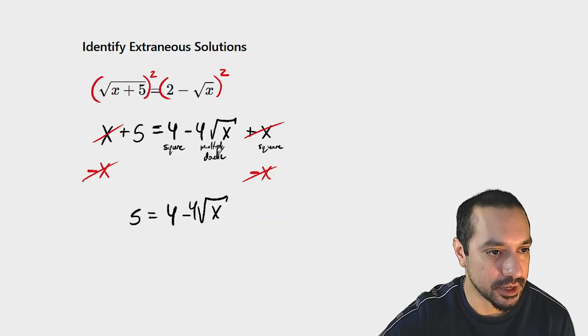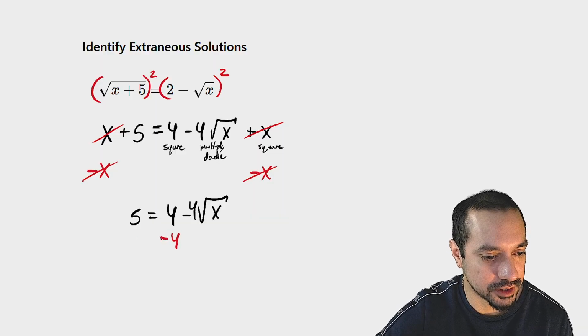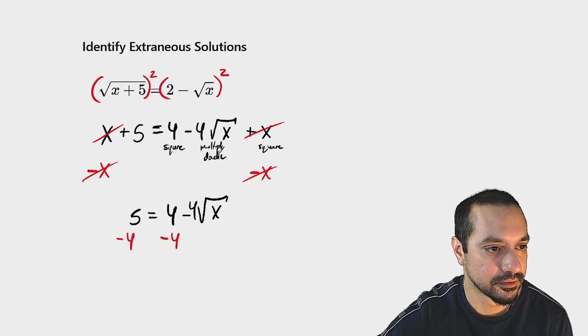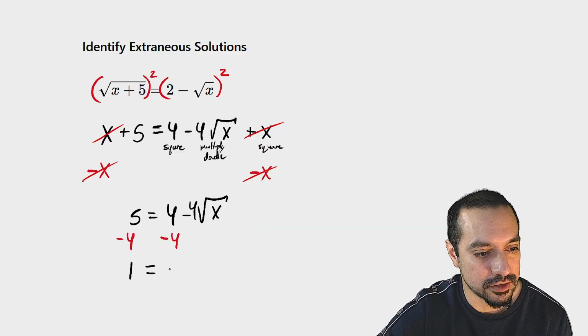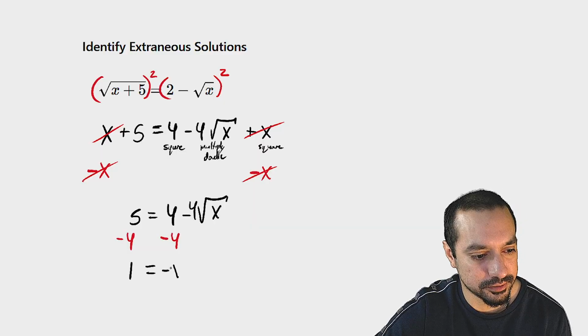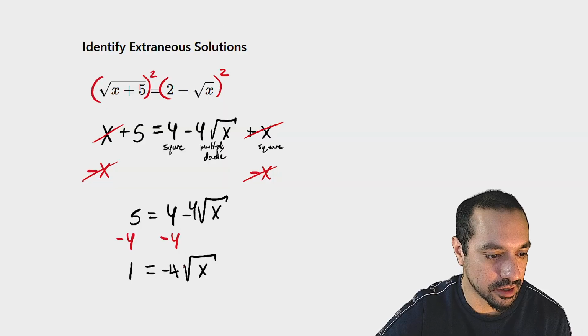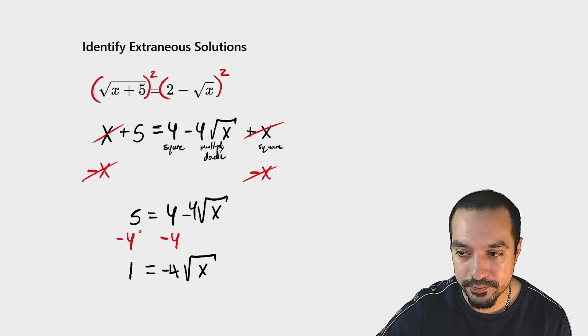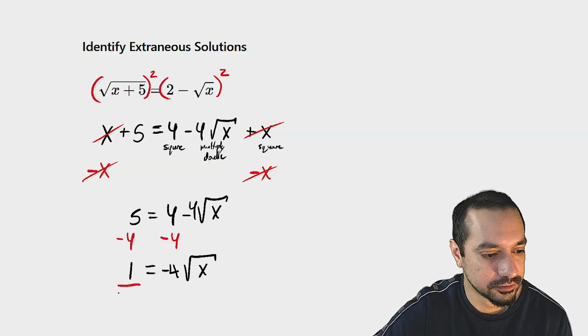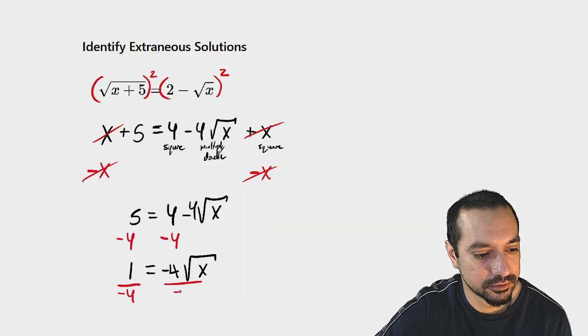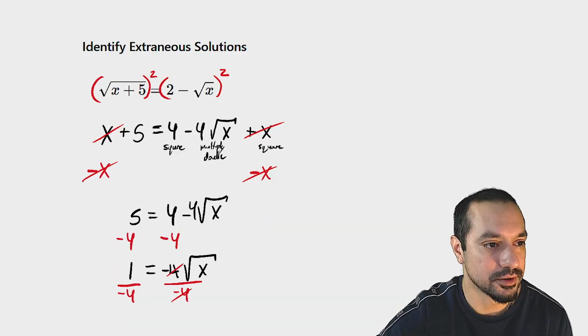All right, from here, I'm going to subtract 4 from both sides. So we get 1 equals negative 4 times the square root of x. And then from here, I'm going to divide both sides by negative 4. Those cancel.